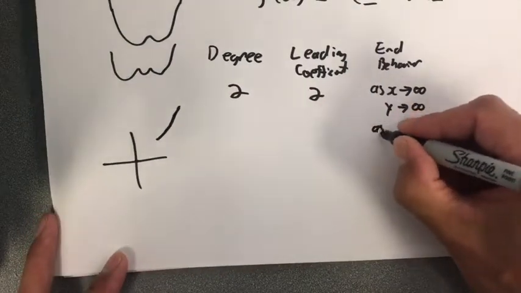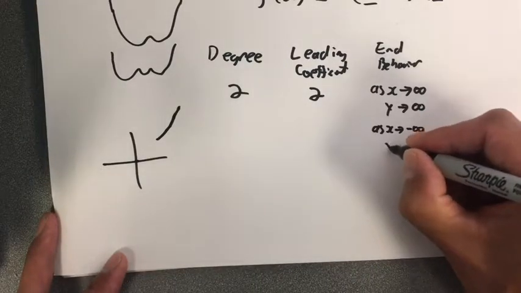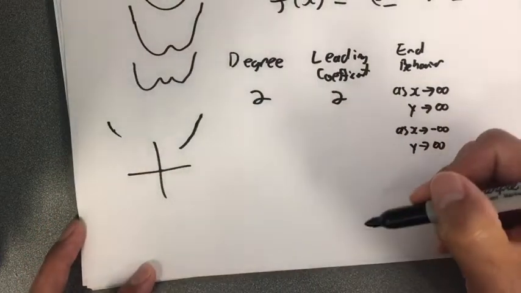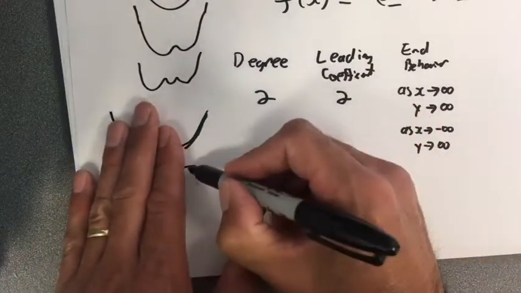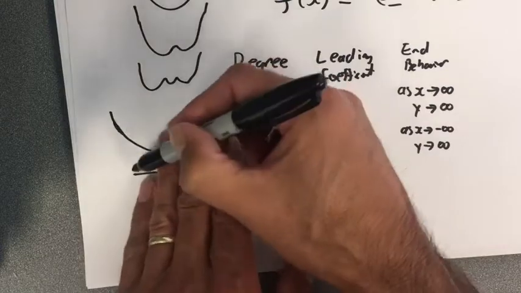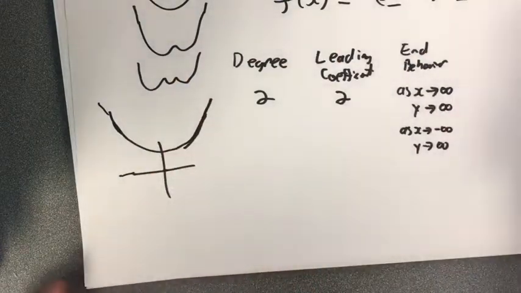Also, as x approaches negative infinity, y approaches infinity. Goes like that. I know in general the thing's going to look like this. So at the very end, as x approaches infinity, y goes up. And on this side, as x approaches negative infinity, y also goes up. That's my end behavior.